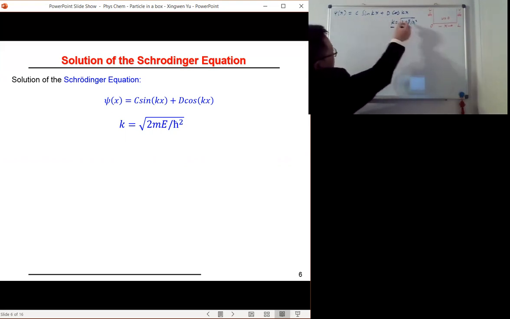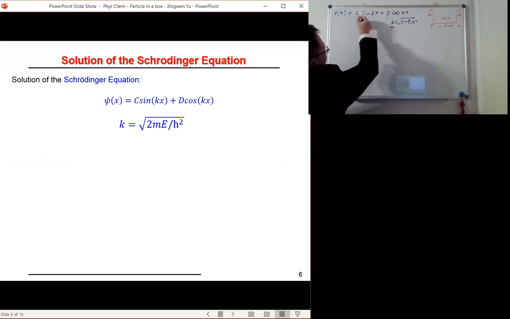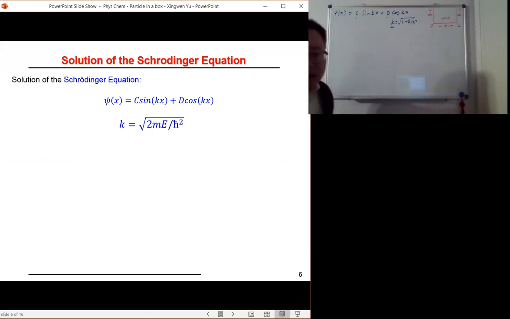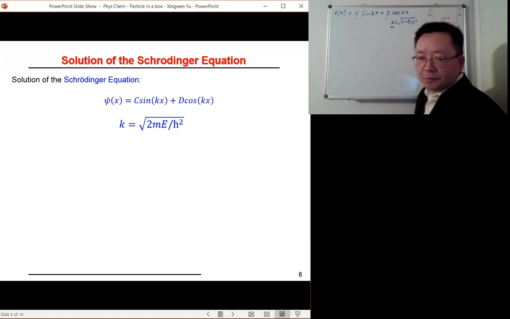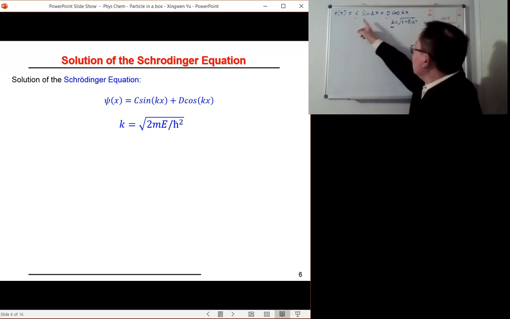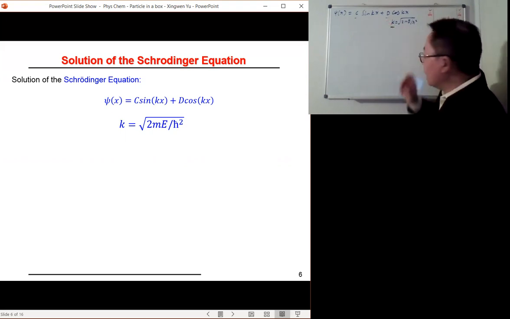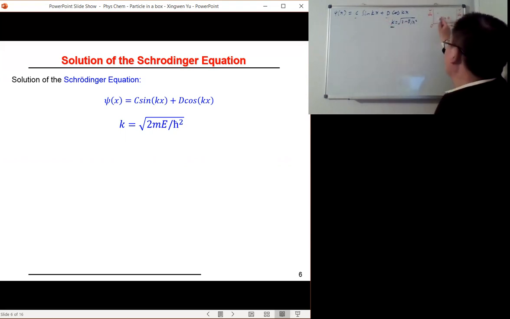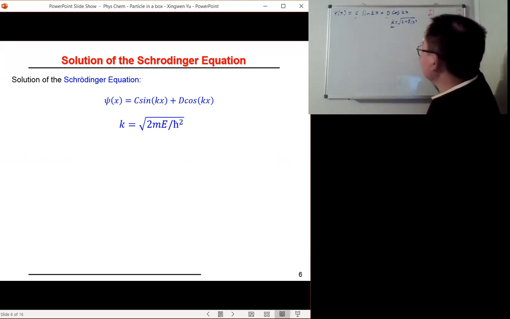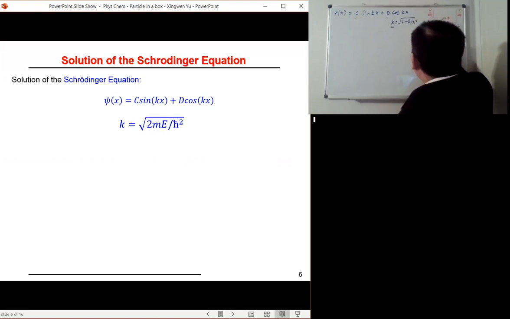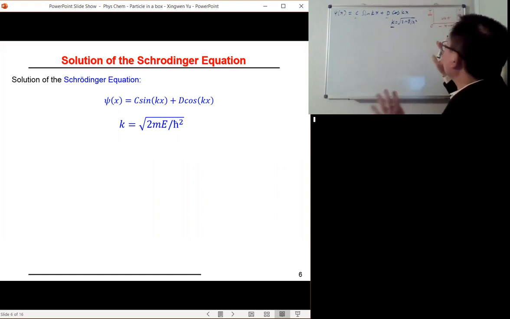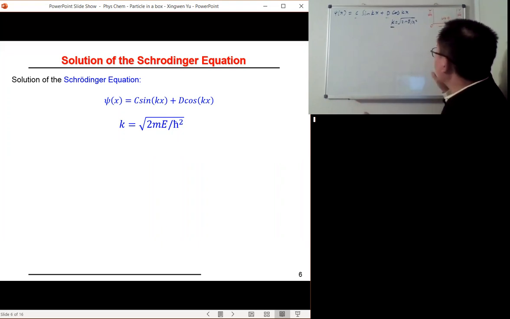In this solution, C and D are unknown constants generated when solving the Schrodinger equation. To figure out C and D, we need to apply the boundary conditions of the particle in a box model. If the particle is on the wall or outside the wall, we don't need to consider the outside. We just consider the wall.